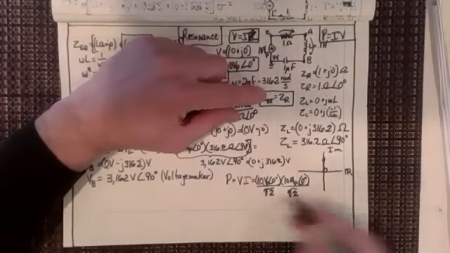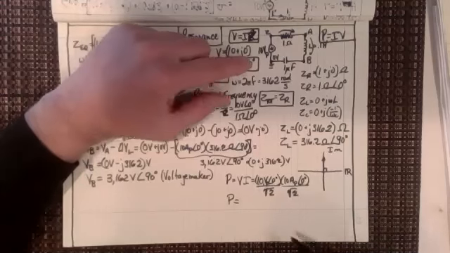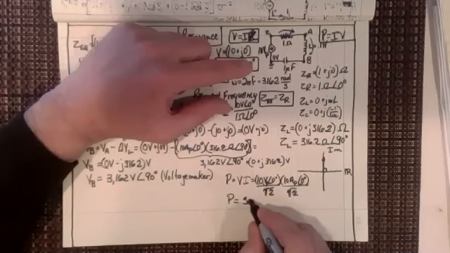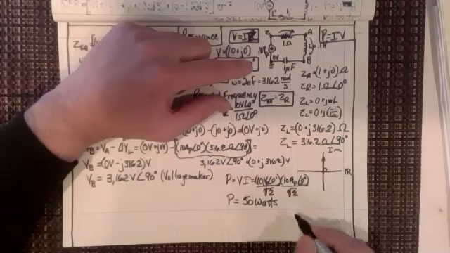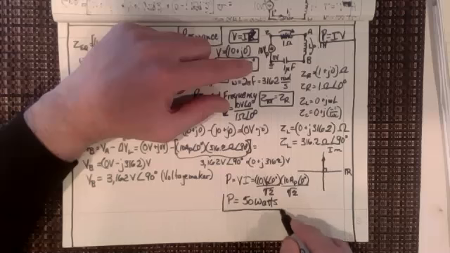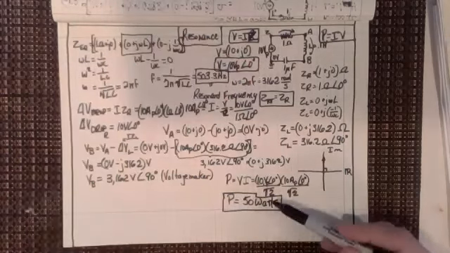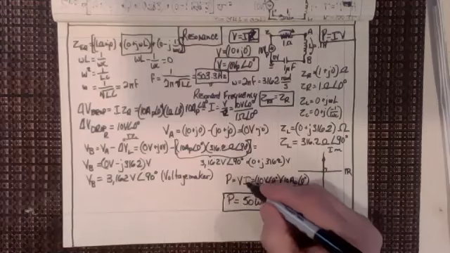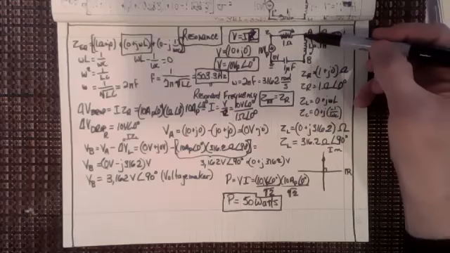And so we find out that the power for this circuit is just going to be 10 times 10 divided by 2, which is 50 watts, right? So I've got 50 watts of power that is traveling from here to here, right?